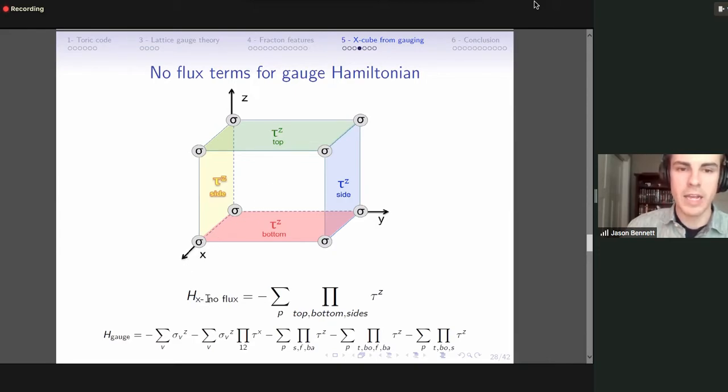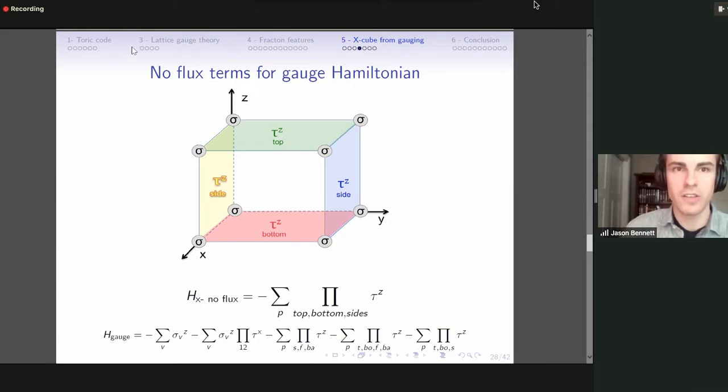So for my x no-flux term, I have gauge fields around the top, the bottom, and the sides. And that's these little abbreviations down here: top, bottom, side. This would be my x no-flux term. The top, bottom, front, and back would be my no-flux on the y direction. And then the sides, the front, and the back would be nothing along the z direction. So that would be my no-flux z term.